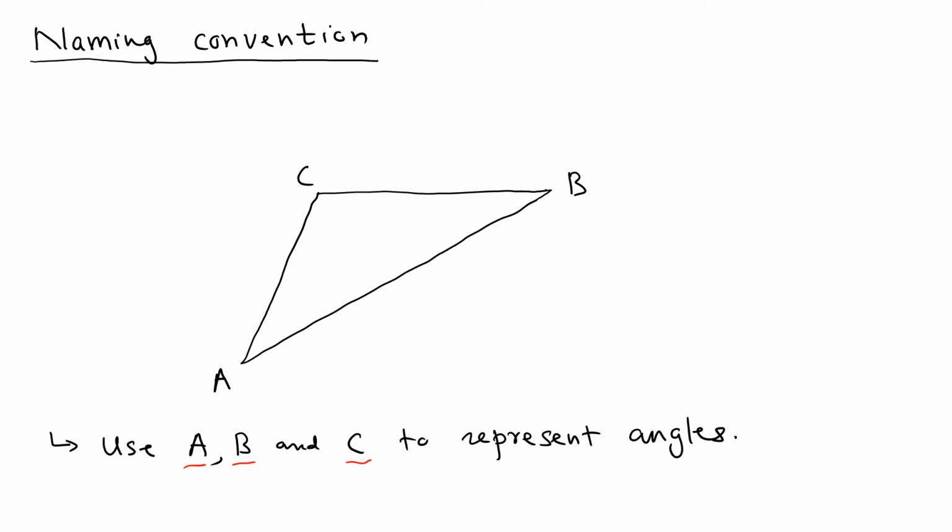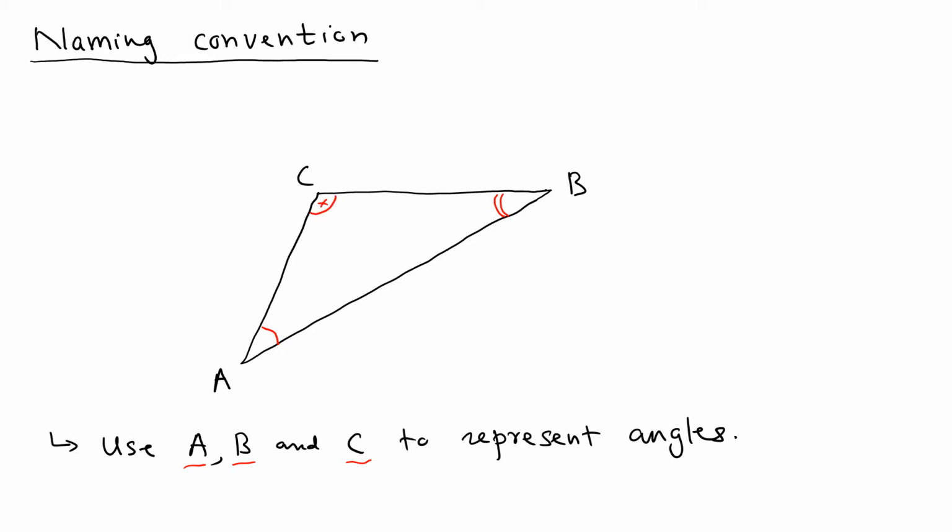So we have three vertices A, B, C, and we use letter A to represent angle A, letter B to represent the angle at B, and letter C to represent the angle at C.